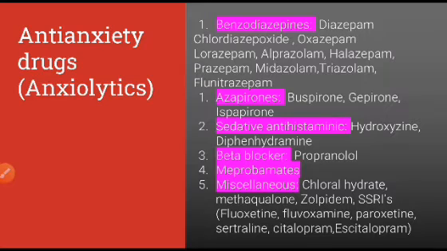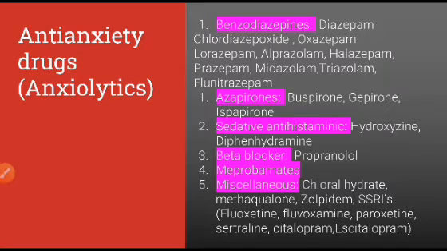And surprisingly, you can find a beta blocker here. Later you will understand why the beta blocker is here. If you remember my video on beta blockers, there I mentioned this particular point, that propranolol shows some anxiolytic effects. So here propranolol is an example. Another one is meprobamate, which you will see in the coming slides.